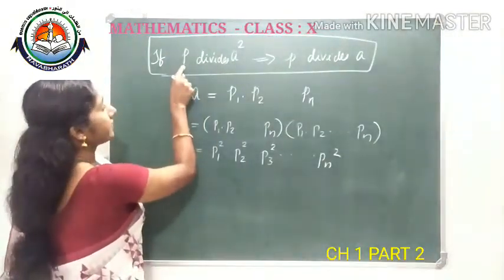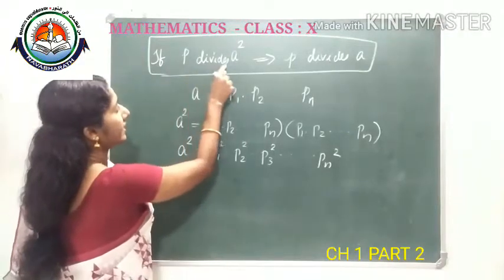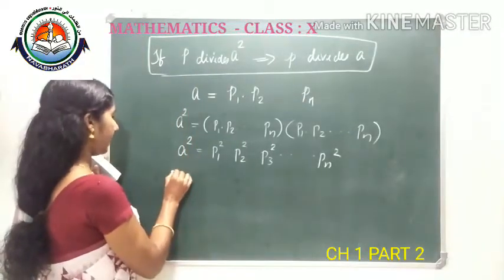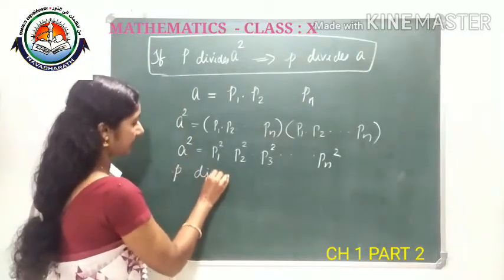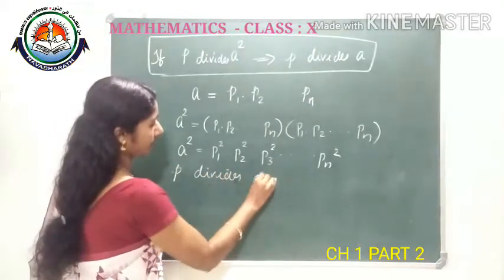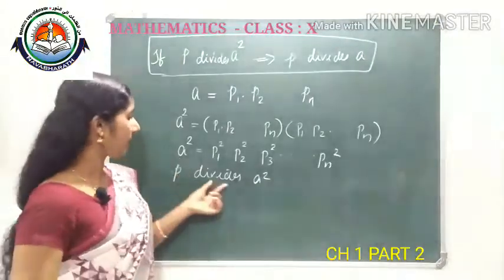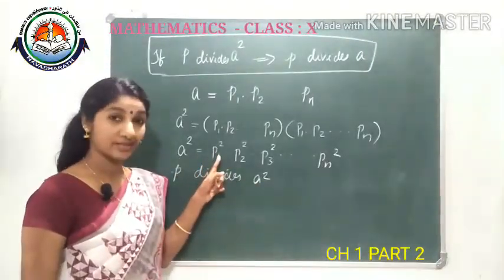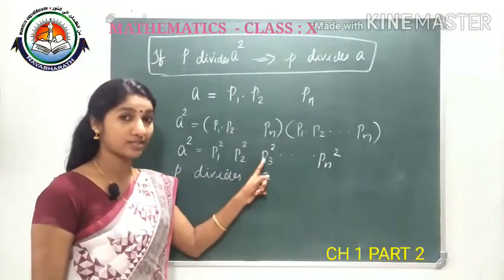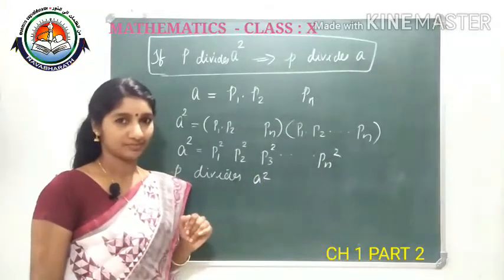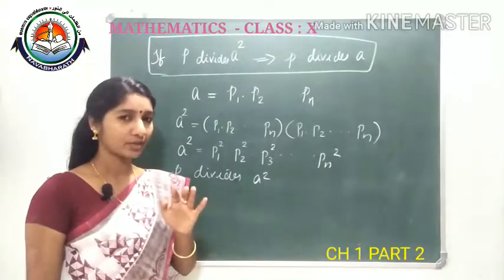If another prime number p divides a square, so we can take, let p divide a square. Then if p divides a square, it means p divides p1 square into p2 square into p3 square into etc. pn square. Correct now? What I told?